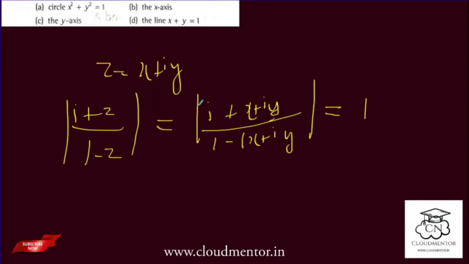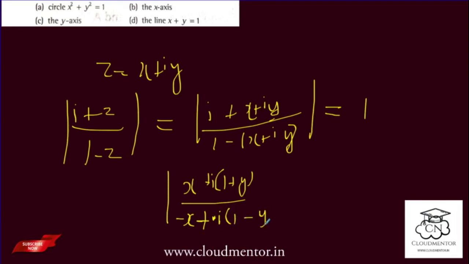Now I can take i common here, so we get x plus i of 1 plus y, divided by minus x plus i of 1 minus y, okay, so that's equal to 1 also.